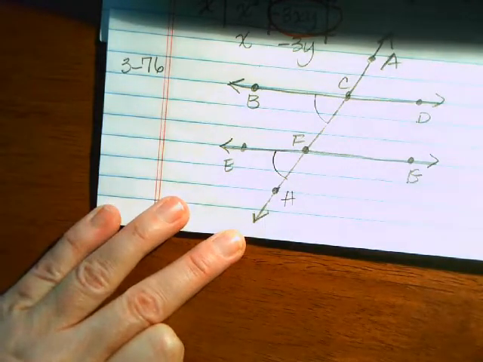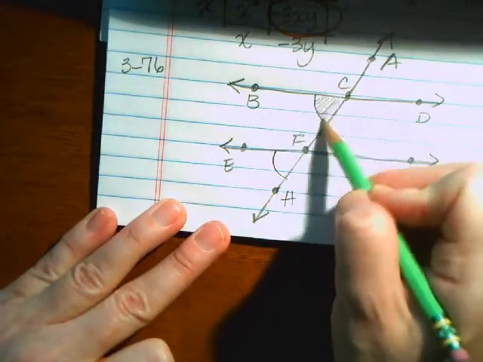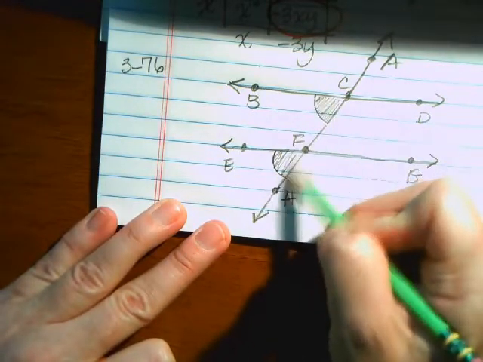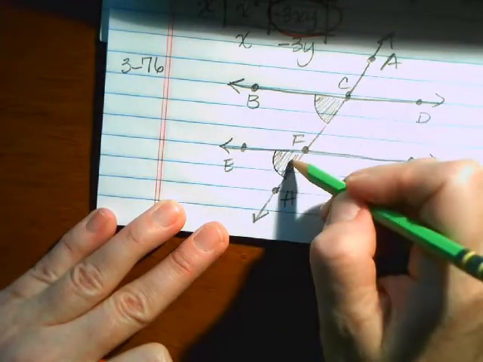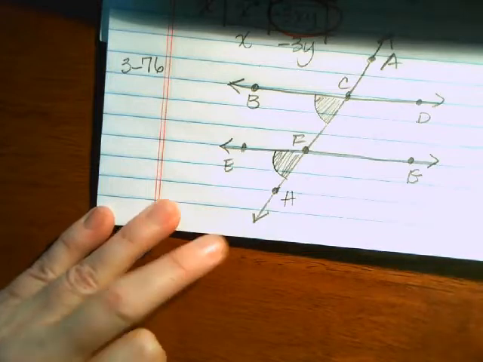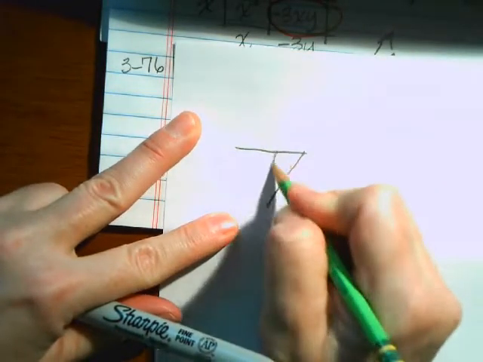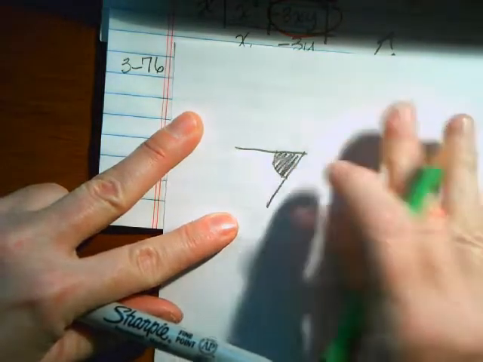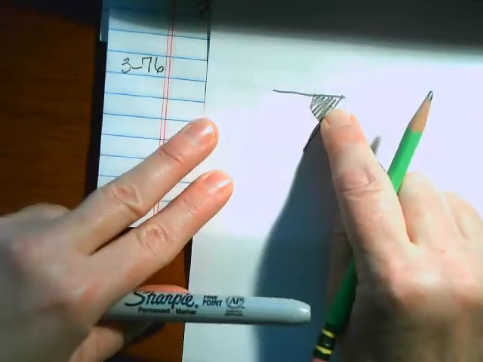Why or why not? Well, we learned something back in chapter 1 that if we traced this angle right here and translated it, slide it along the transversal, that if it matches up, then those are equal.